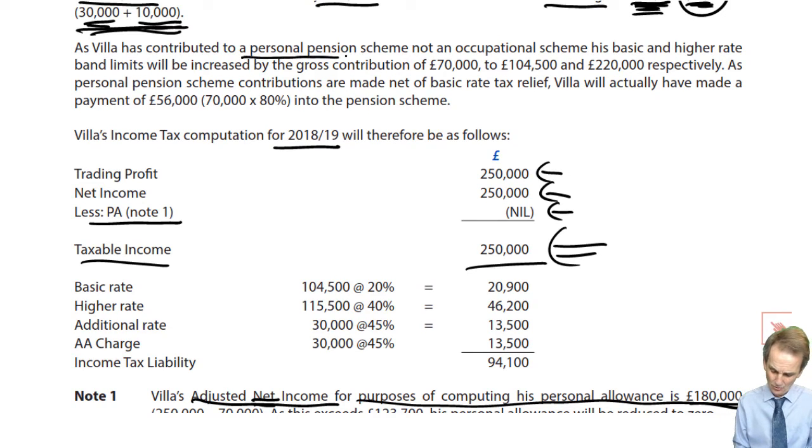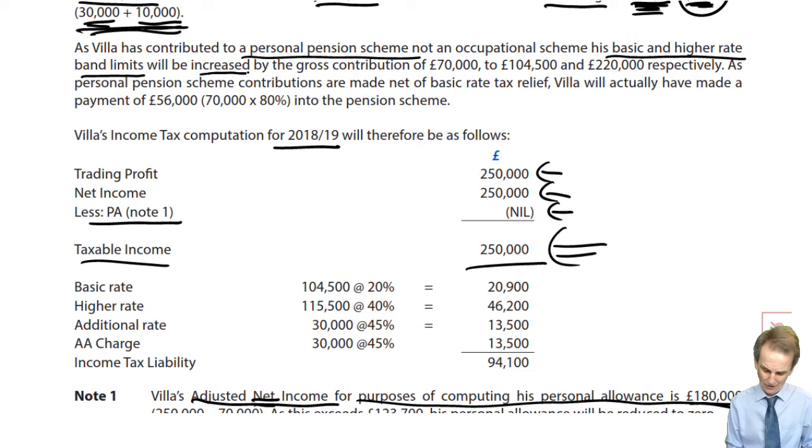Villa contributed to a personal pension scheme, only relevant here on personal pension, not relevant for occupational. So as he contributed to the personal pension scheme, both his basic and here higher rate band limits will be increased by the gross contribution of £70,000.